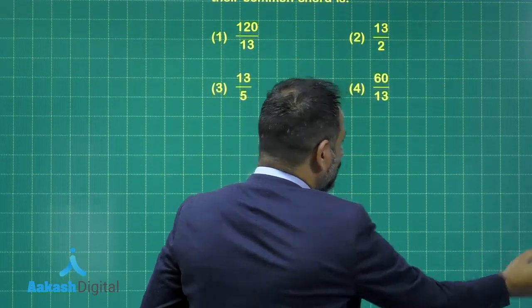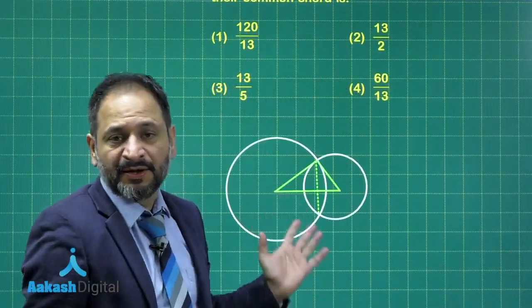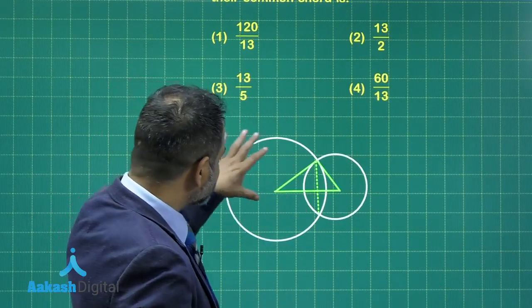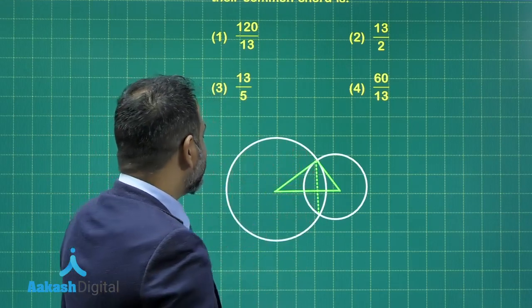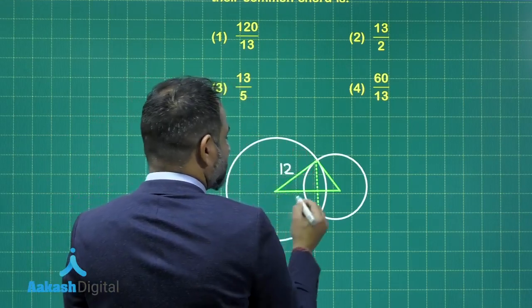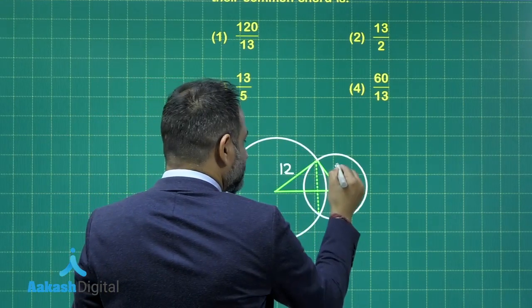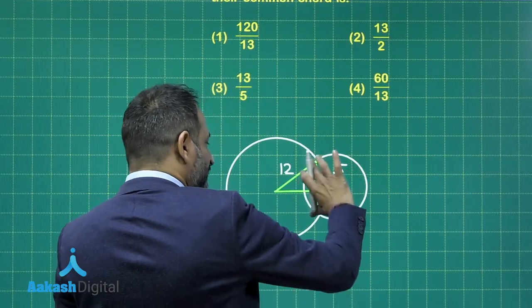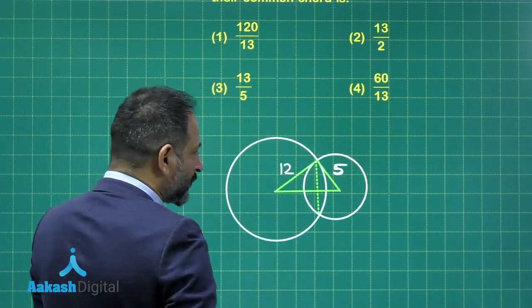Here the two circles are intersecting; this is the bigger circle whose radius is 12, and this is the smaller one whose radius is 5. We have to find the length of the common chord.